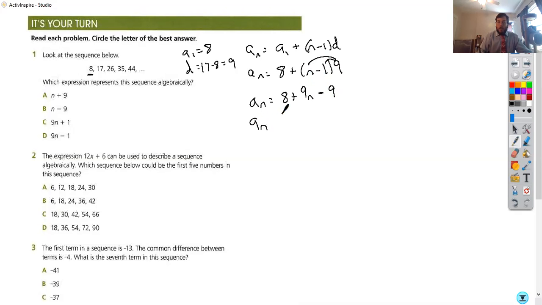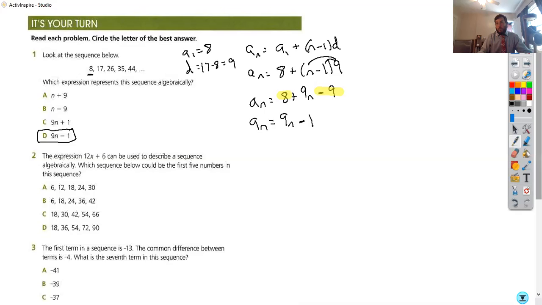And then add our like terms, which if we take a look here, right, our like terms are negative 9 and 8. So we can write our 9n first, and then 8 minus 9 is going to be negative 1. So if we're looking at our answers, 9n minus 1 is choice D. And remember, this is a formula now that could be used to find any value in this sequence here.